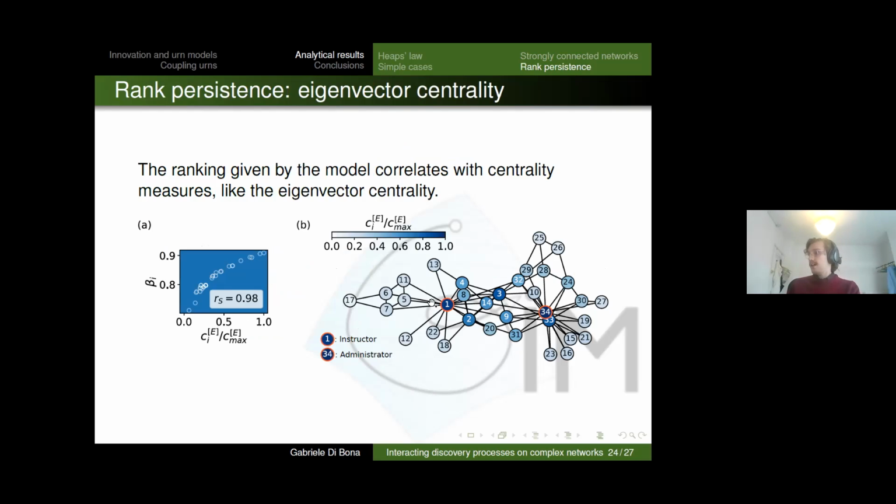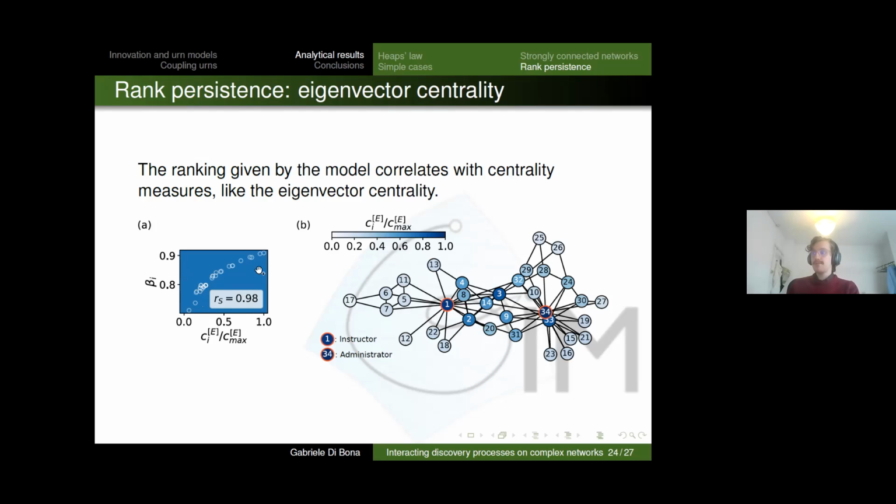For the Zachary Karate Club network, if you color the nodes according to this eigenvector centrality, you see that this graph on the right is colored very similarly to the network that I showed you before with the exponents.